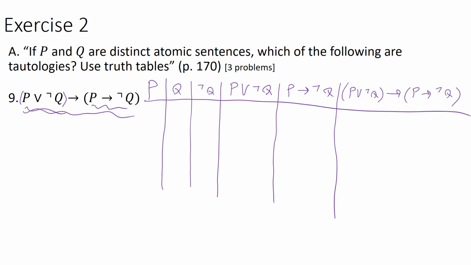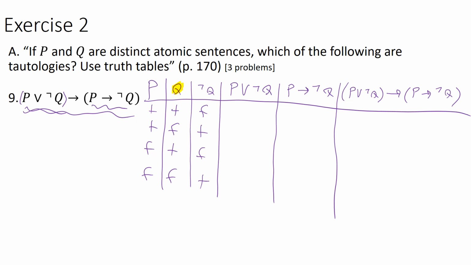All right, two atomic sentences, four possibilities: true, true, true, false, false, true, false, false. So now Q is negating this column, so we'll move from true to false, false to true, true to false, false to true.